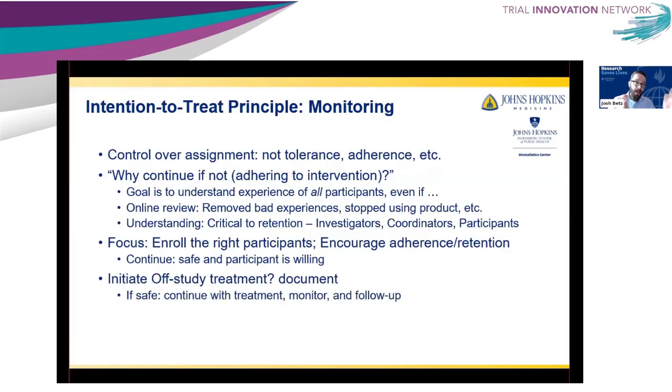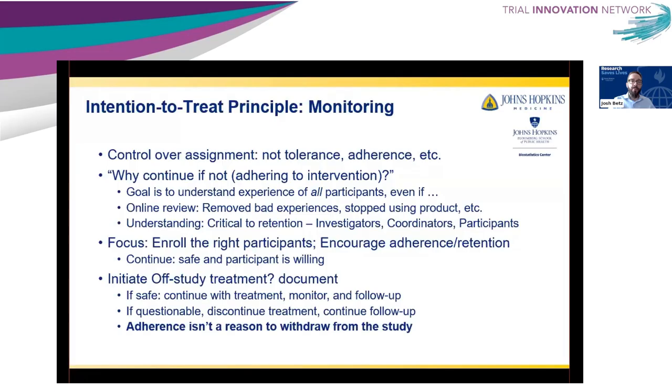If it's safe to combine an off-study and on-study medication or treatment, then by all means, continue on intervention, monitor the participants closely, and continue collecting our follow-up data. But if there's questions about whether it's safe to combine these things, we should usually err on the side of safety, discontinue treatment, but still collect that follow-up data.